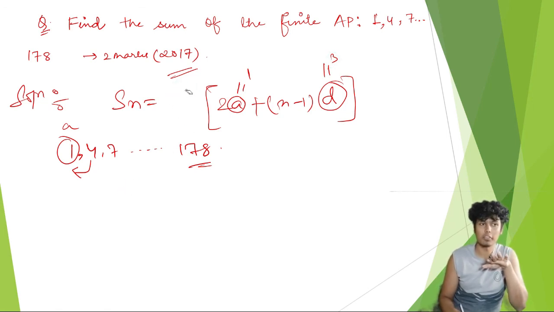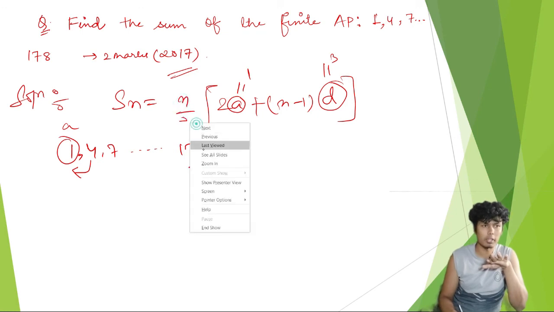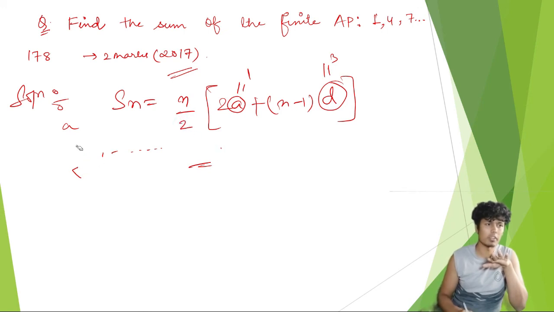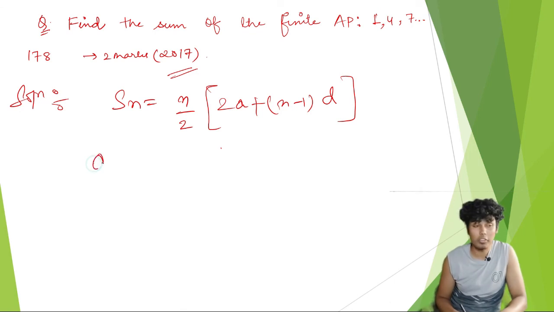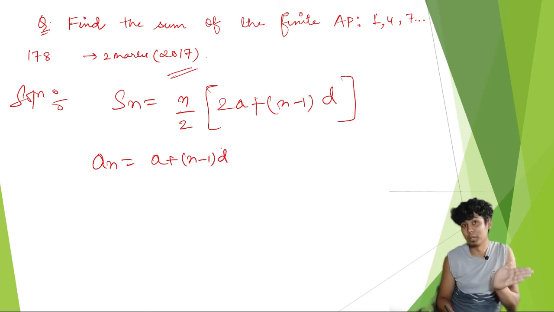How can we find the value of n? We can find it by an is equal to a plus (n minus 1)d, the previous formula which we have used.